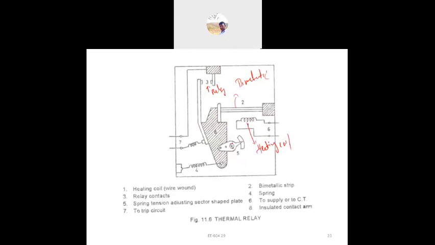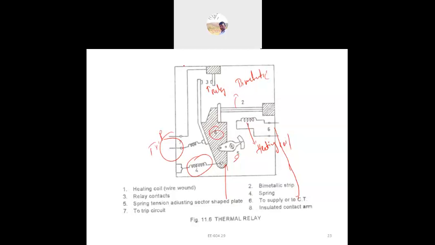And we have the spring, with spring tension adjustment. Next, the supply or CT, and the connections for the trip circuit and the insulated contact. So this is the thermal relay.